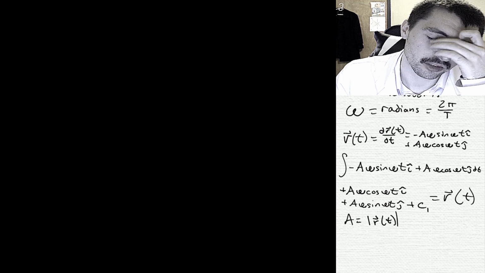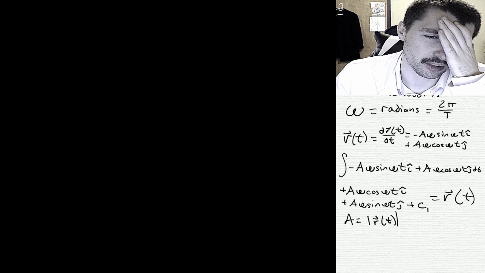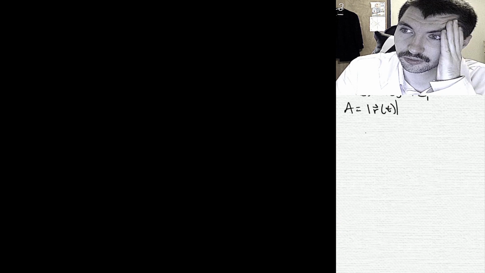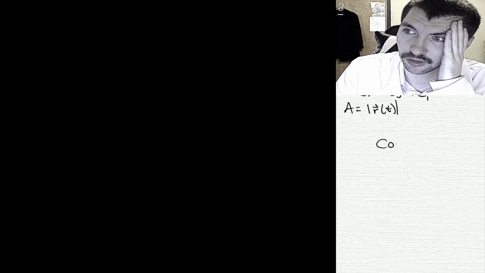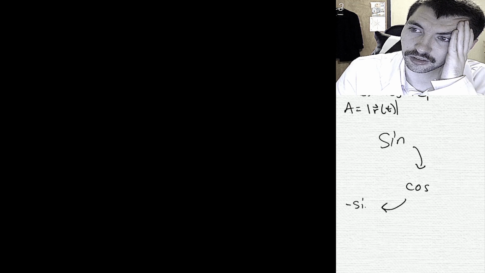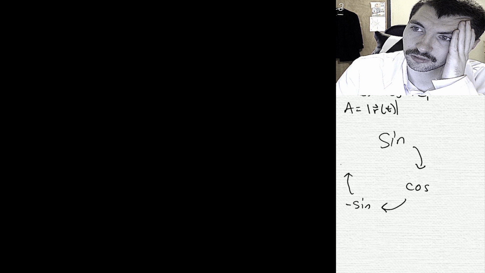So I know the derivative of cosine is negative sine. If you don't know, it goes sine, cosine, negative sine, negative cosine.